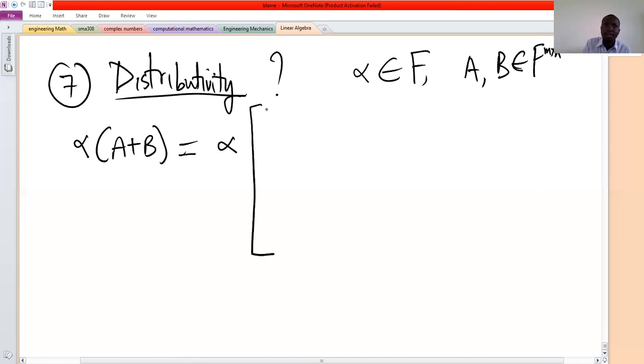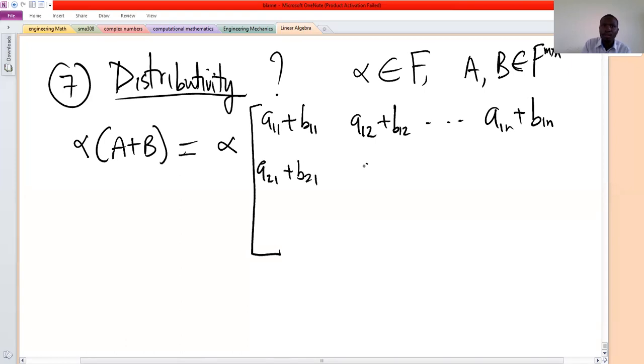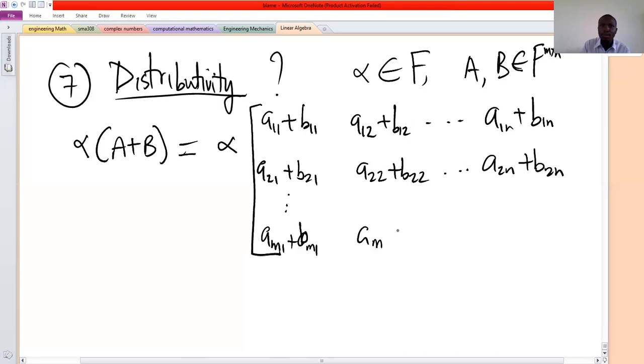We have already defined A plus B as A11 plus B11, A12 plus B12, up to A1n plus B1n, A21 plus B21, A22 plus B22, up to A2n plus B2n, and then AM1 plus BM1, AM2 plus BM2, up to AMN plus BMN. And then this scalar multiplies every element.